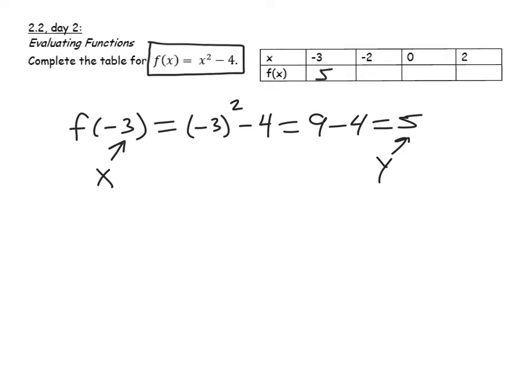And so these results could be put in a table. Right, so that first entry is saying when x is -3, f of x, which remember is the same thing as y. Right, we could have said here that f of -3 is 5.